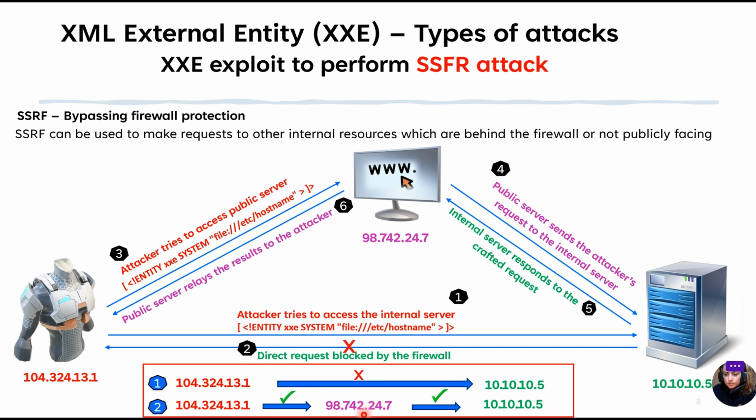So in the logs, we will not see any interaction with the attacker's IP address, but we will see this web application requesting this payload or path from the internal server.